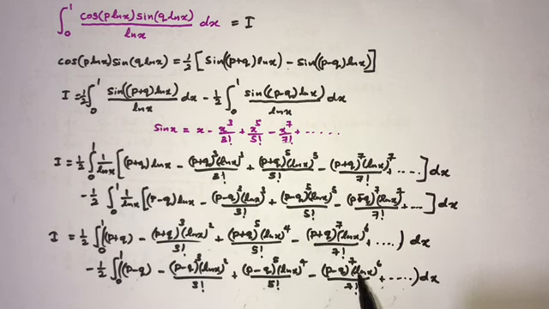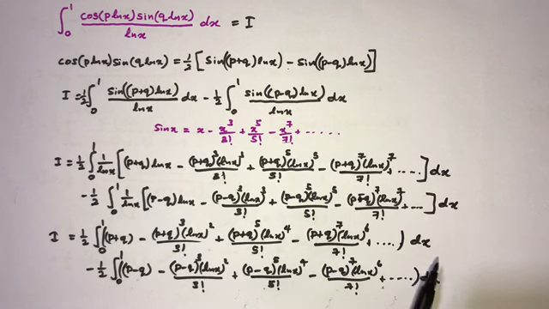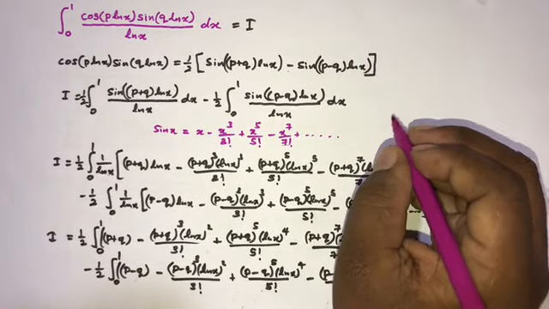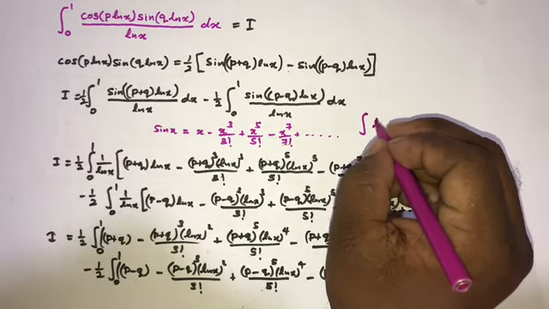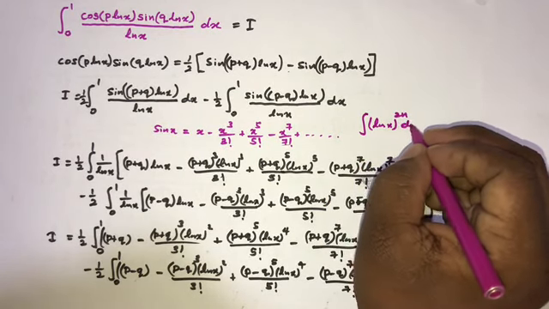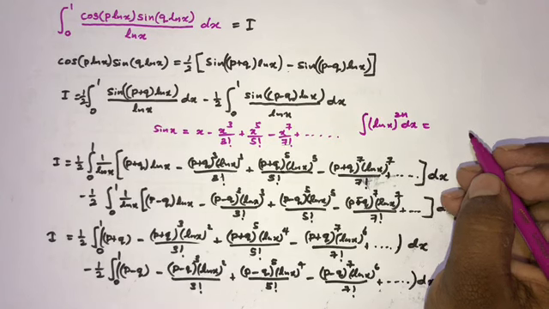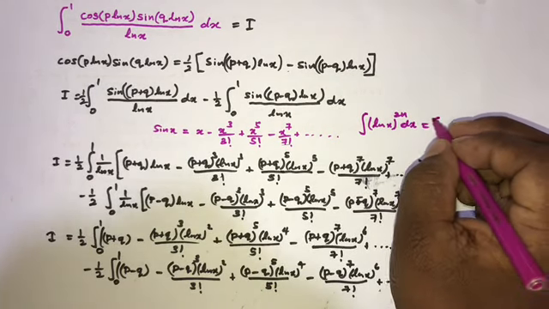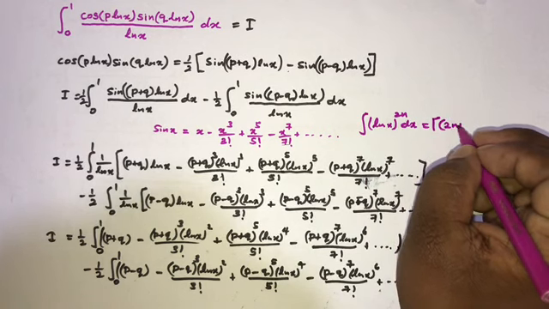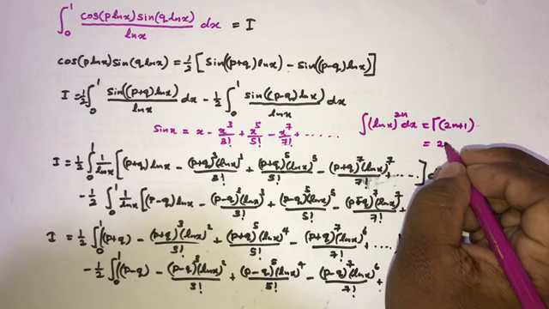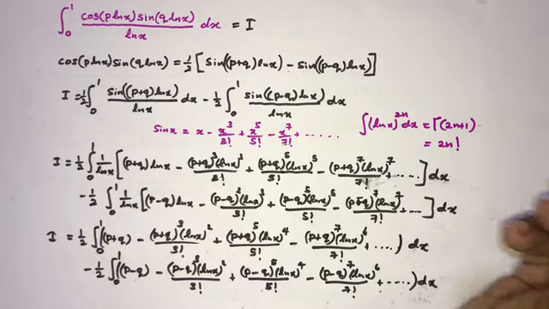Okay, same as, so we know the general case, the integral of natural log of x raised to the 2n dx. We know in previous videos we discussed this integral, and we know the answer is gamma of 2n plus 1, and we know this is also equal to 2n factorial.